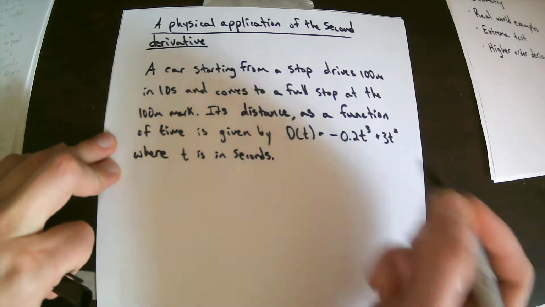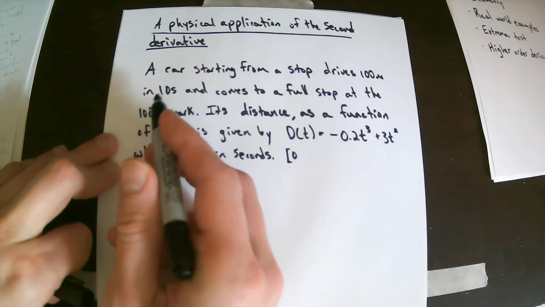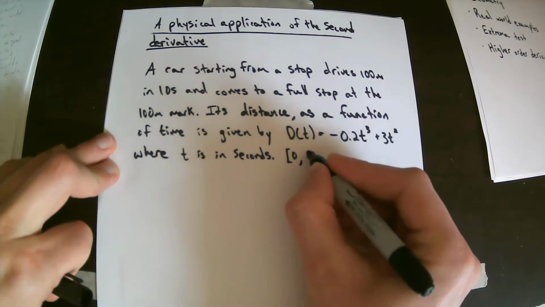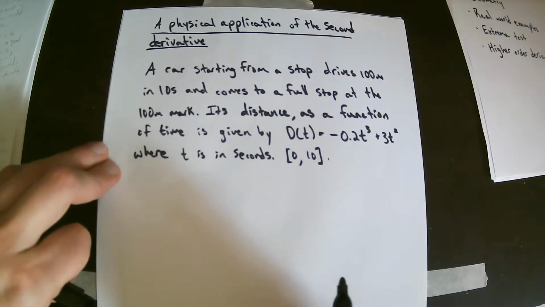So I suppose the domain of this function would be, well, it takes 10 seconds to travel, and we're starting at time 0, so 0 to 10 would be the domain of this function.